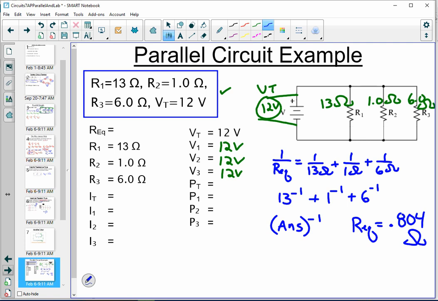Please note that the 0.804 is indeed smaller than the smallest resistor, which is 1 ohm. So we will write 0.804 ohms for our equivalent resistance.